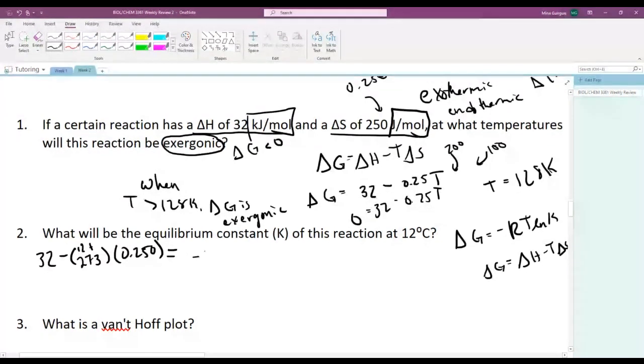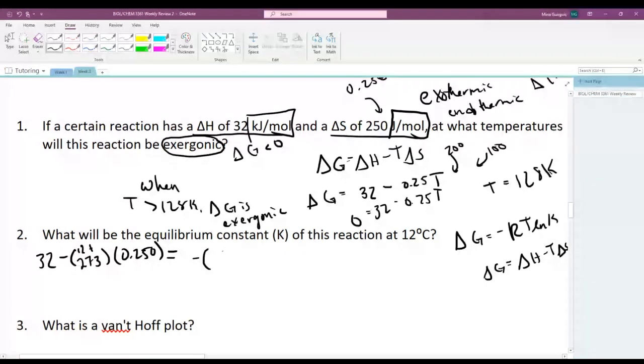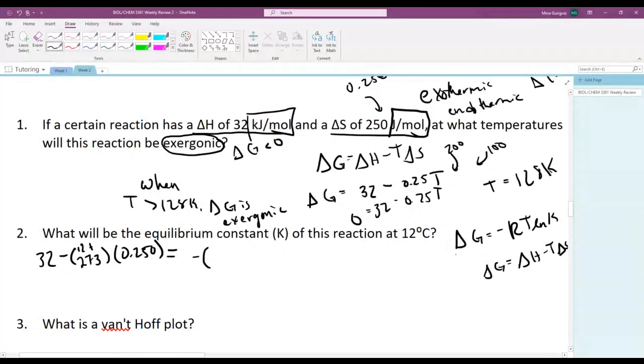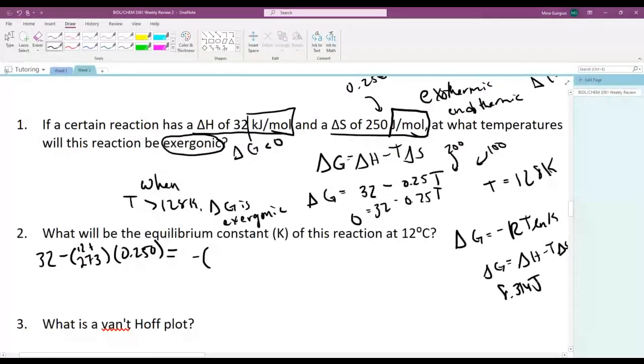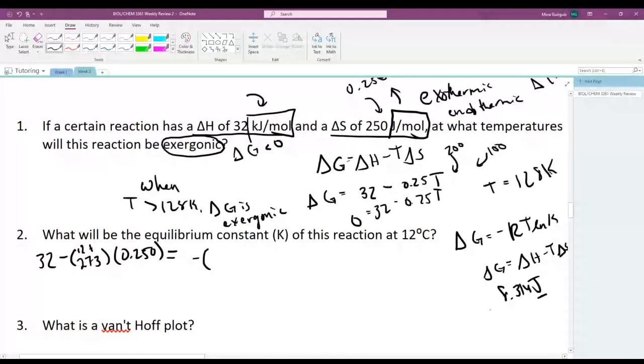And then negative R is our ideal gas constant. So the ideal gas constant is 8.314 joules, whatever else. The thing we care about is joules, okay? This is a problem because we set delta H in kilojoules. We converted delta S into kilojoules, okay? So we need to convert this into kilojoules as well.